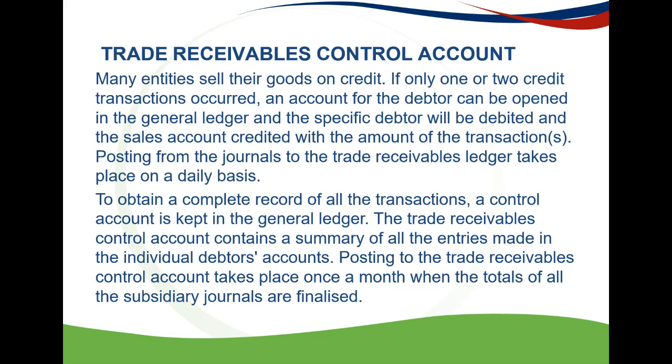But at the end of the month, I will only post my total credit sales to my trade receivables control account, because the amount that my debtors owe me, my sales plus my VAT output, I am only going to record the total of that in my trade receivables control account.